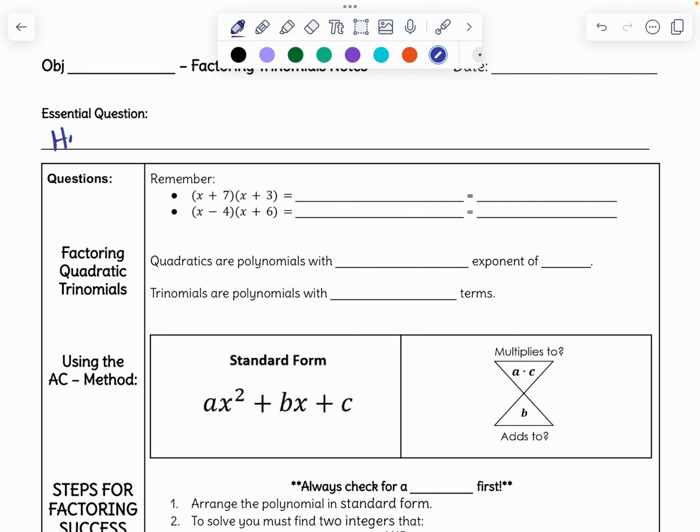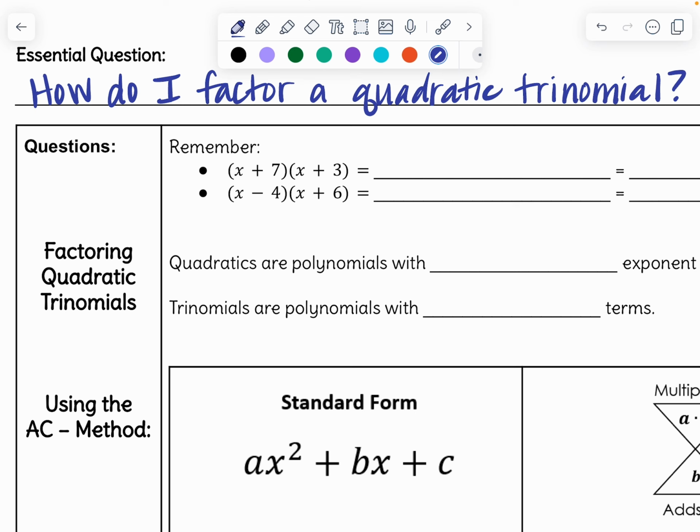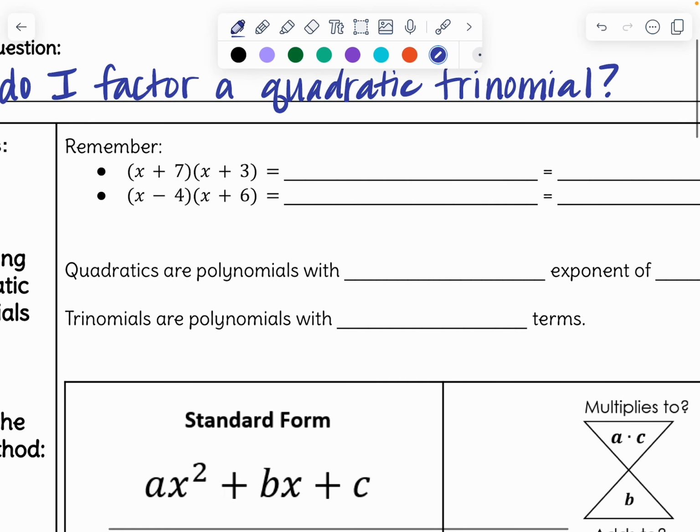So how do I factor a quadratic trinomial? So let's go back to the objective when we were multiplying binomials. We used either the FOIL method or the box method. So remember, we would multiply first terms, the outside terms, the inside terms, and the last terms.